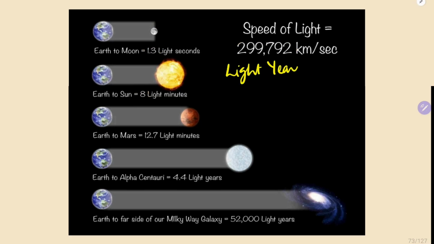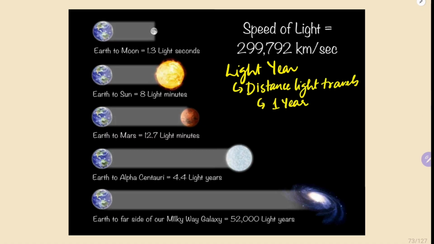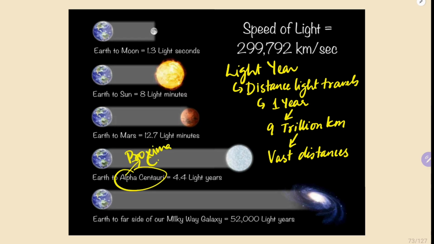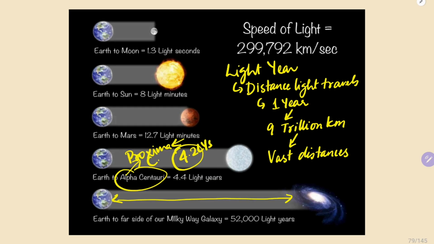Coming to a light year, it is the distance light travels in 1 year. 1 light year is around 9 trillion kilometers. It is used to measure vast distances in space. For example, Proxima Centauri is around 4.2 light years away. This means the light from Proxima Centauri takes about 4.2 years to reach us. The farther the object is, the further into the past we are looking when we see it.